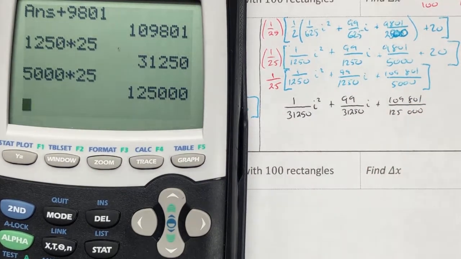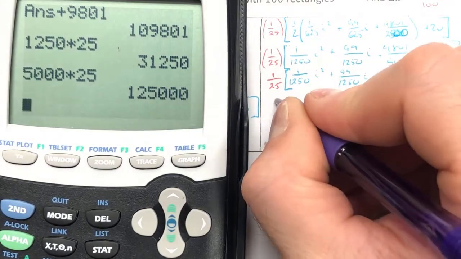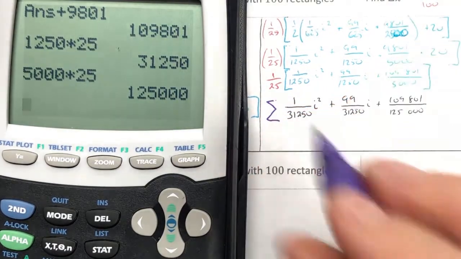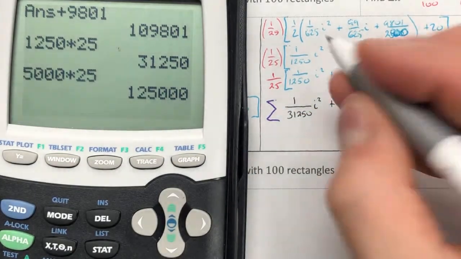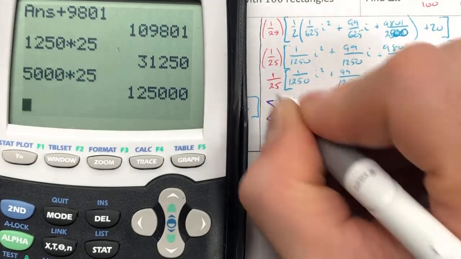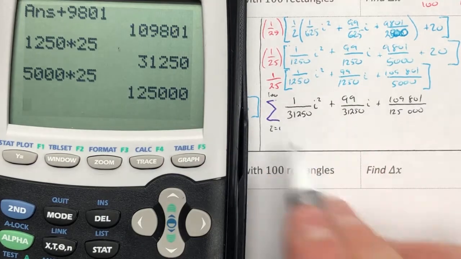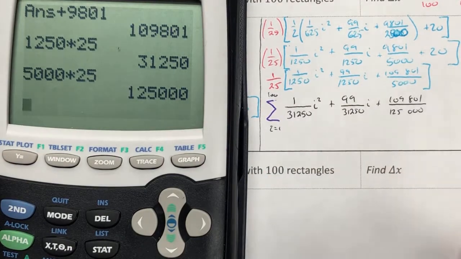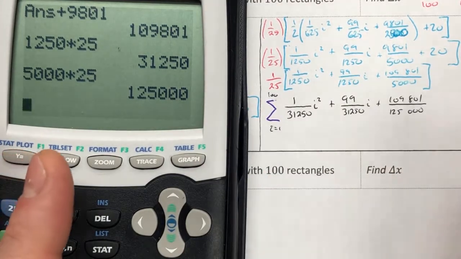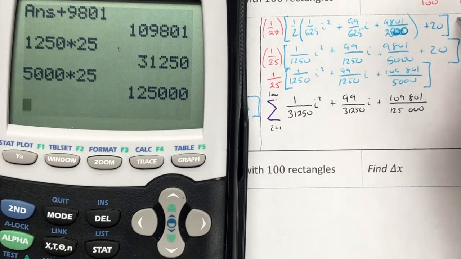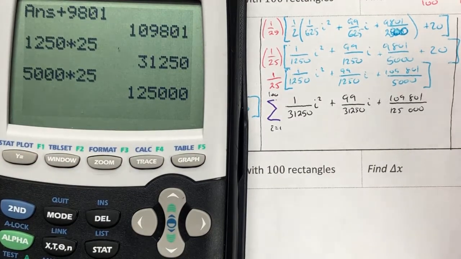Awesome. Now, these do look like some gnarly fractions, but it's the same process, the same number of steps as the previous one. From 1 to 100, this is going to be a very accurate estimate. So let's convert this into the sigma notation that we can simplify.